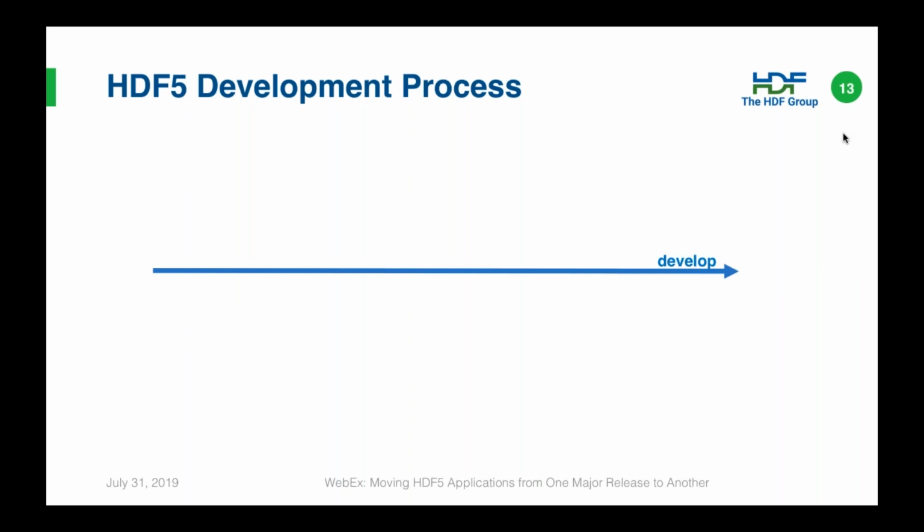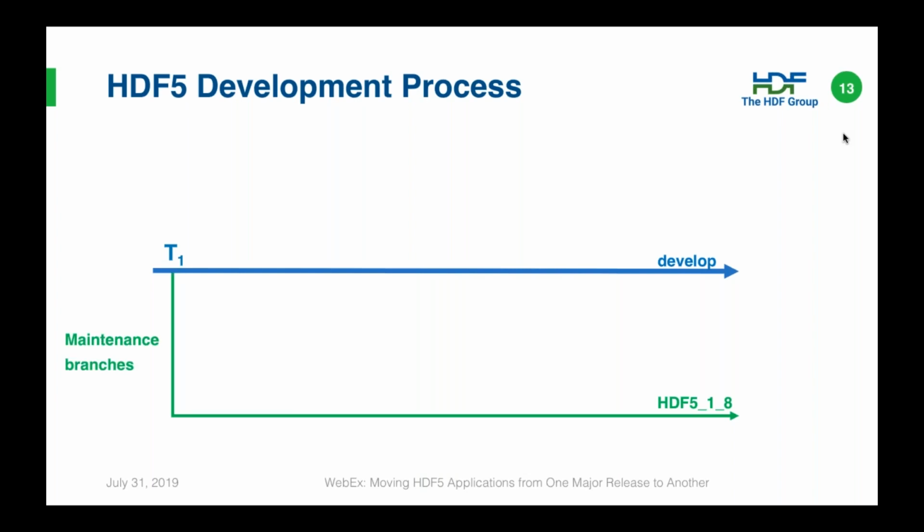But first you develop, we have the develop branch, and at some time T1, we create a new branch, marked here as green. It was many years ago, more than 10 years ago, the HDF5 1.8 branch, that we call the maintenance branch.